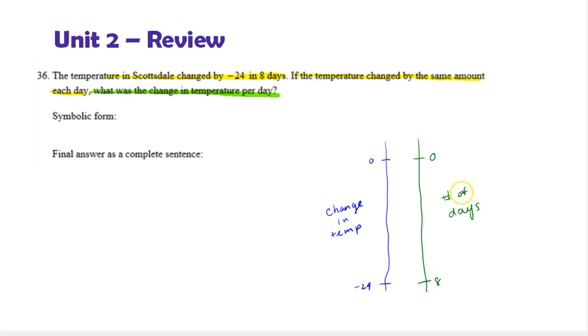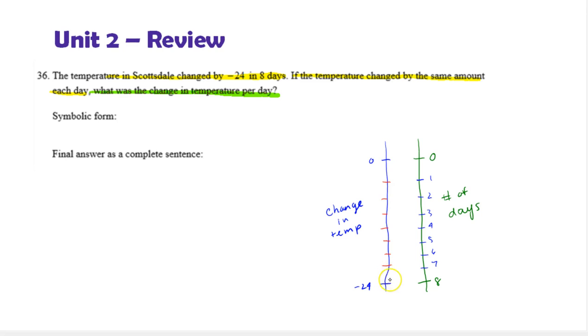And they said that this happens in 8 days. Okay. So since it changed by the same amount per day, we want to split the negative 24 into 8 equal pieces. Okay. And you may see that this is division. So here I split 0 to 8 into 8 equal pieces, so each one of these is 1 day.